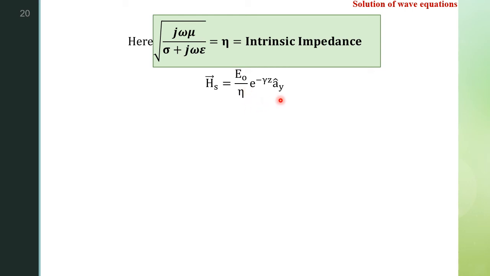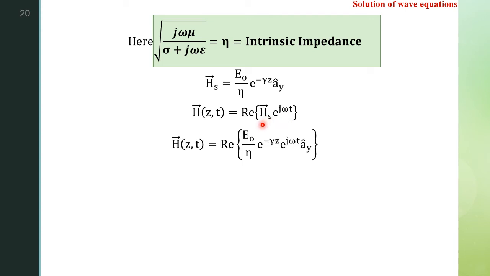Now, when you consider the vector h, we multiply it with e raised to j omega t and take the real part. On substituting, it is E naught by eta e raised to minus gamma z e raised to j omega t ay cap. Again, substituting gamma as alpha plus j beta, you get this expression.